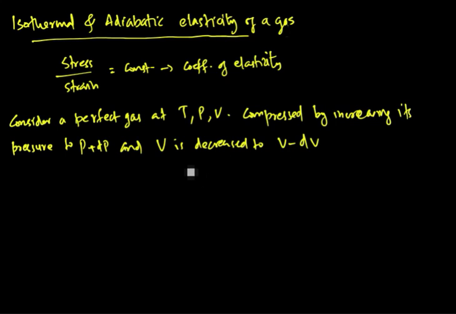So change in pressure is dP and change in volume is minus dV.